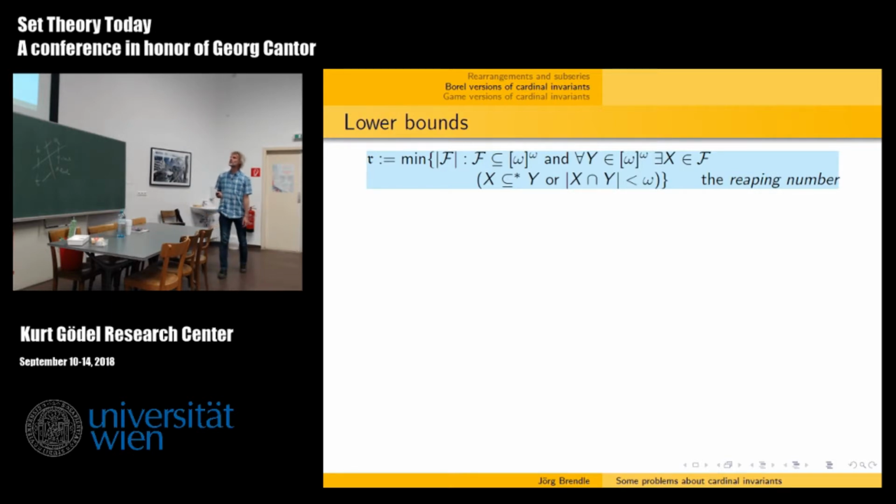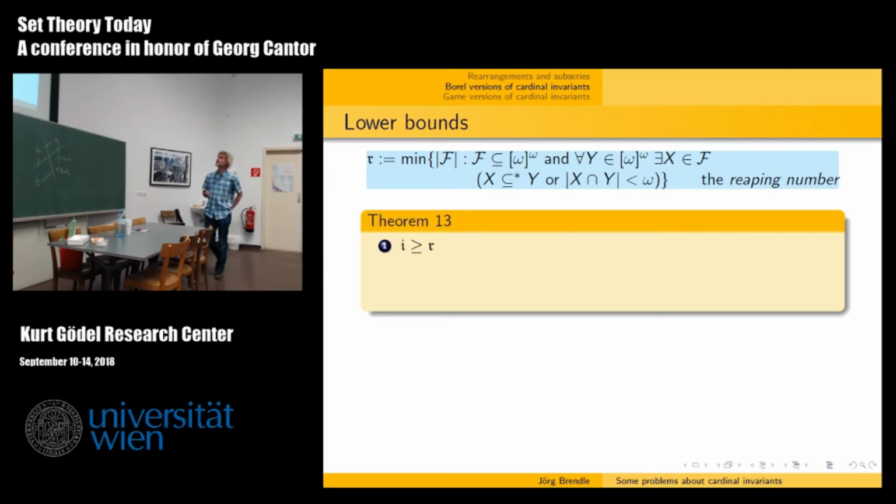So what is known about lower bounds? Let me recall the reaping number. It's the dual of the splitting number. It's the smallest size of a family of infinite subsets of omega, such that for every subset you get a member in this family which is either almost contained or almost disjoint from the given set. And now we have three well-known lower bounds for I. One is R, one is D, and one is non-meager.